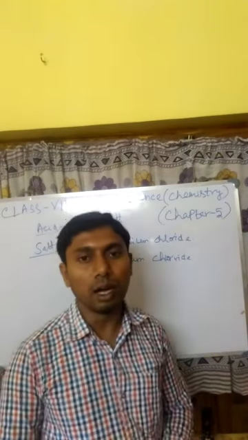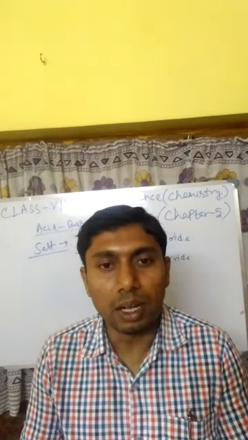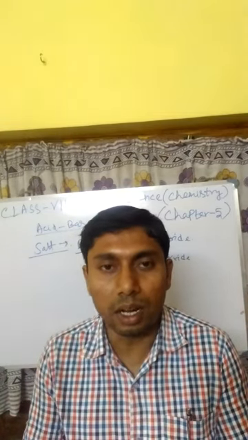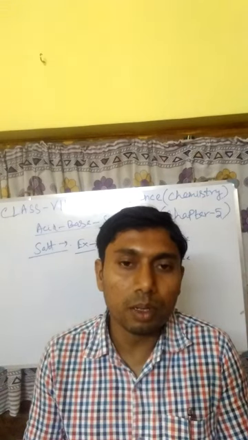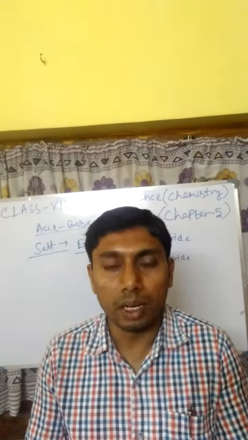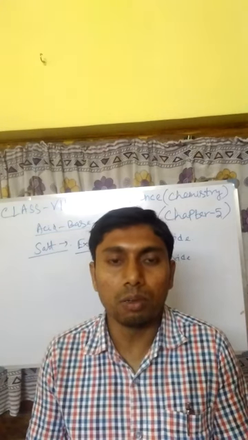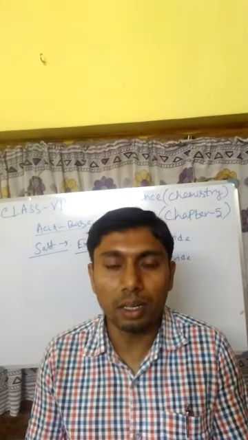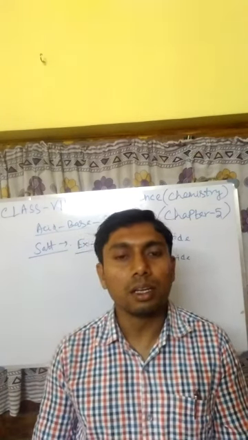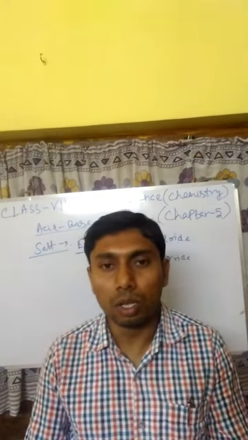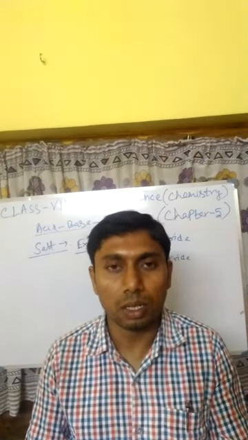So today I will discuss the preliminary idea about acid, base and salt, their characteristics and how acids look, some real life examples, some characteristics of base and also some real life examples, and third one, that is salt and the examples of some salts.